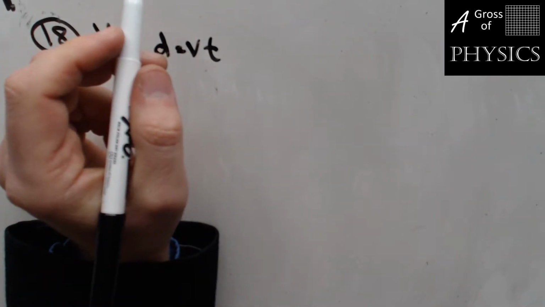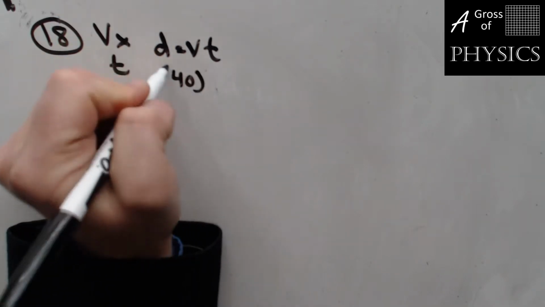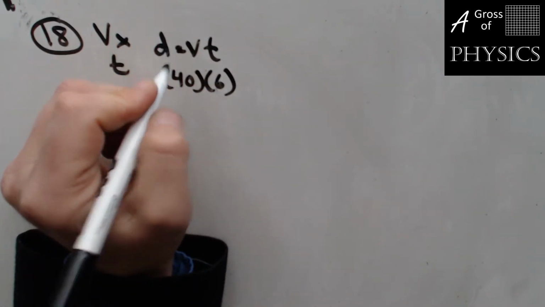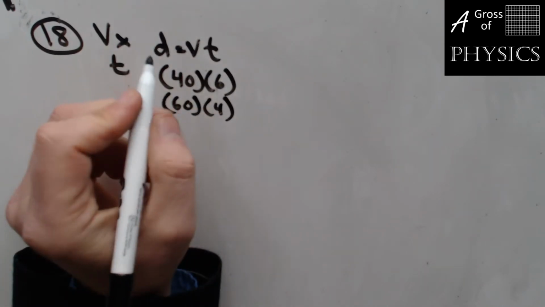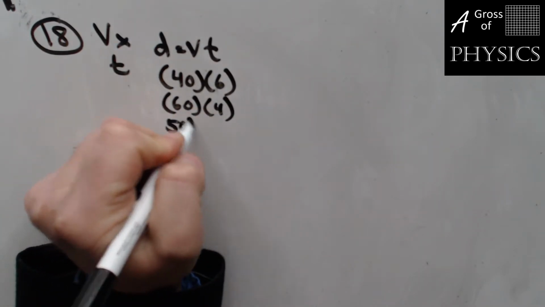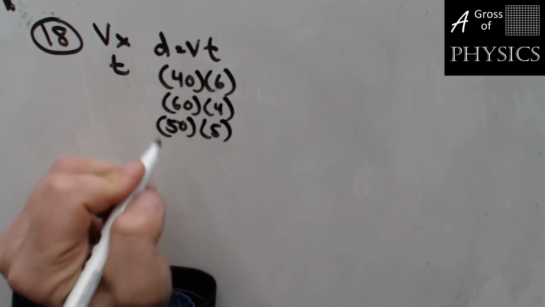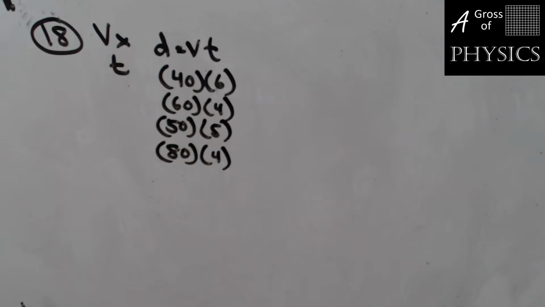Horizontal speed is 40, time of flight is 6, so 40 times 6 is for A. 60 times 4 is for B. 50 times 5 is for C. And then 80 times 4 is for D.